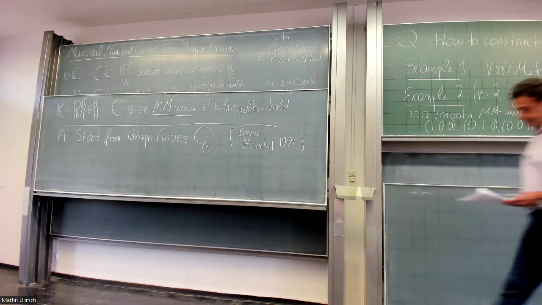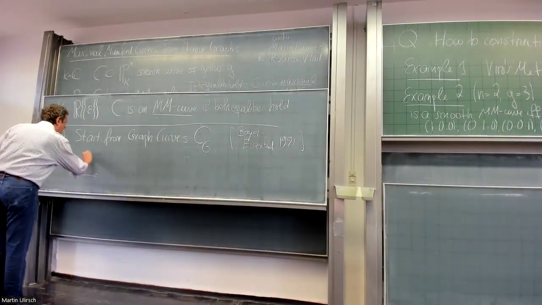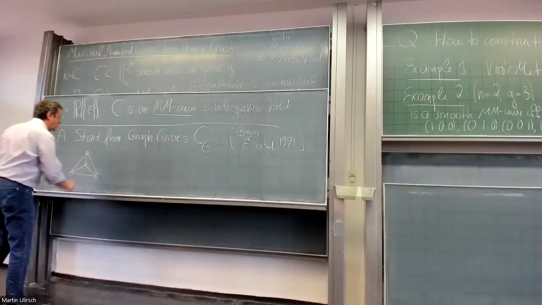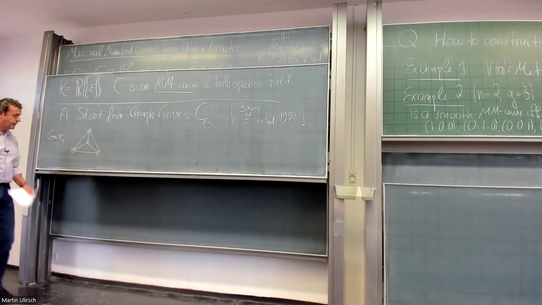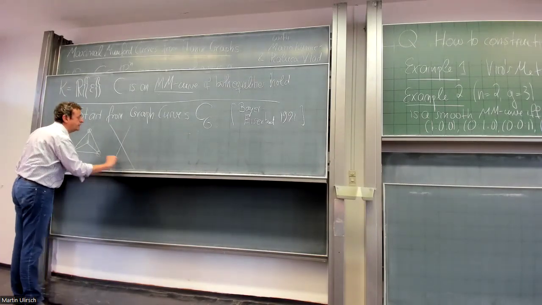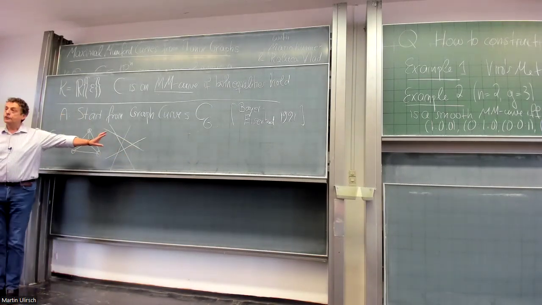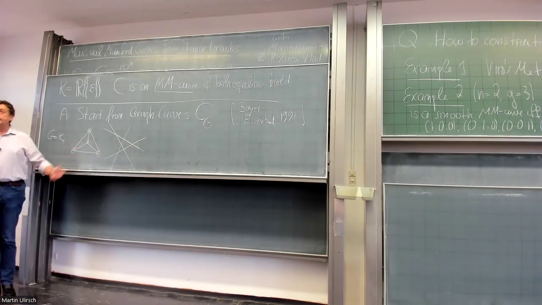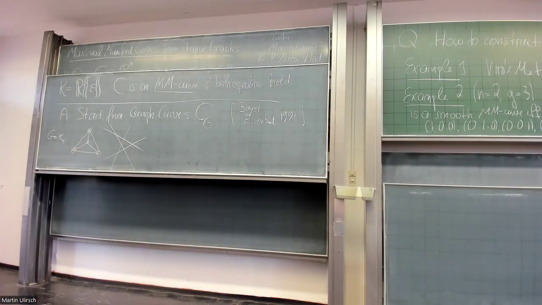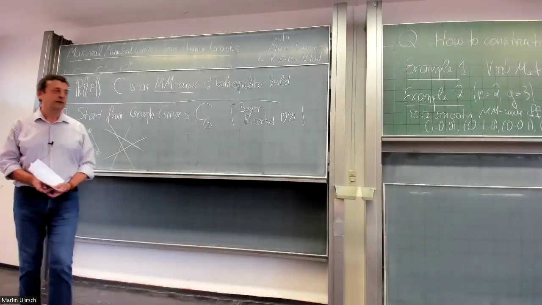So for example, if the graph I start with is the complete graph on 4 nodes, so K is K4, then the corresponding curve consists of 4 lines in the plane. Right? So this is a reducible quartic curve consisting of 4 lines in the plane, and then the corresponding dual graph has 1 node for every irreducible component, and then 2 nodes are connected by an edge if they intersect.